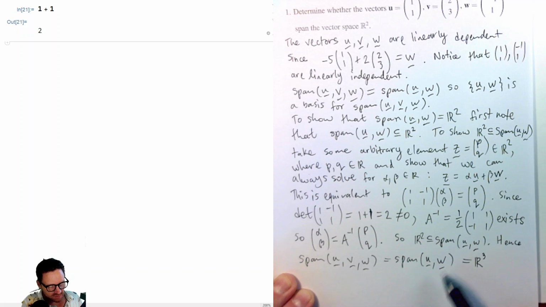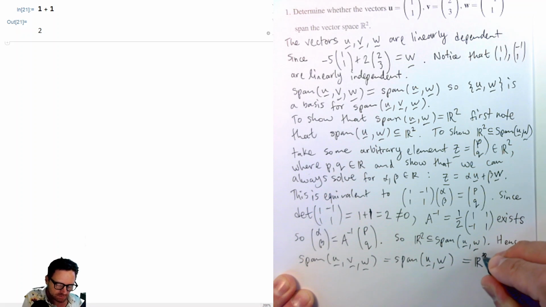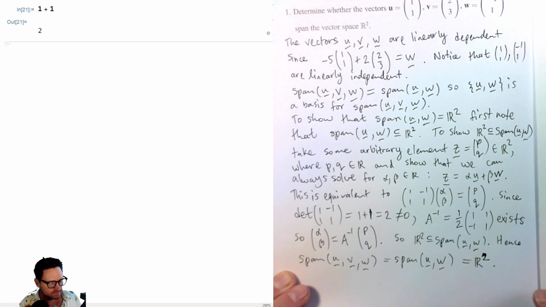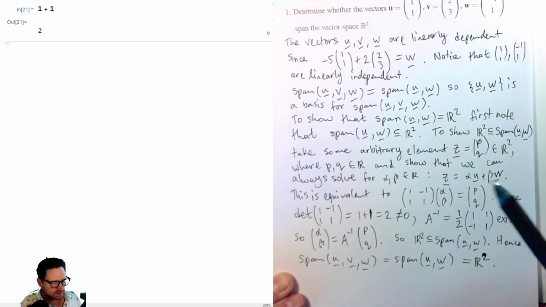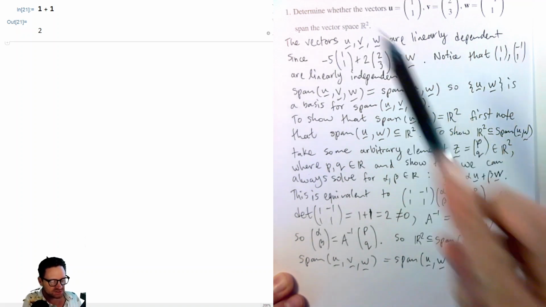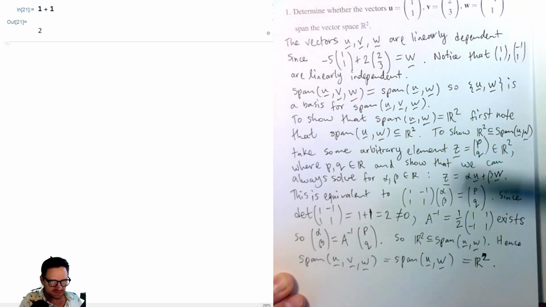And because span of u and w is span of u, v, w, span of u, v, w is equal to R2. Okay, so the answer to this question is yes, they do span R2, and this is why.